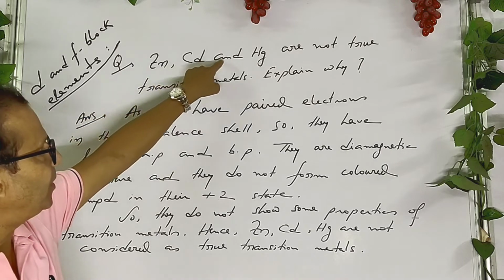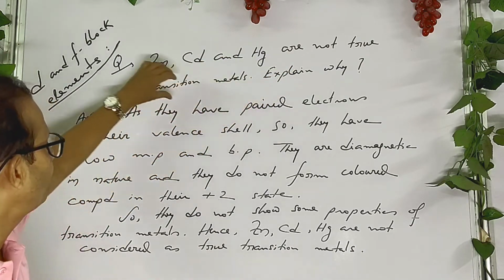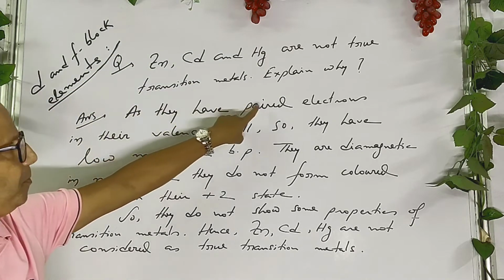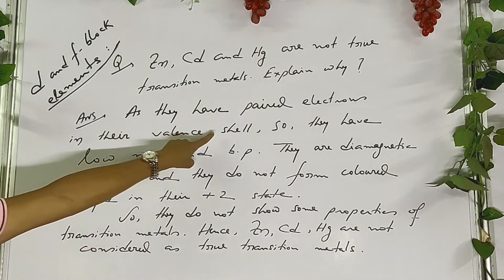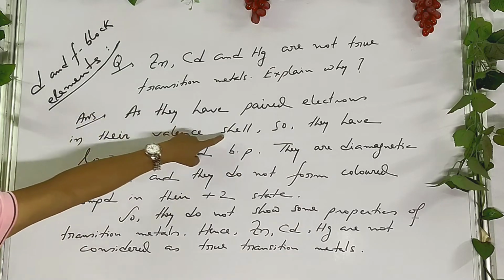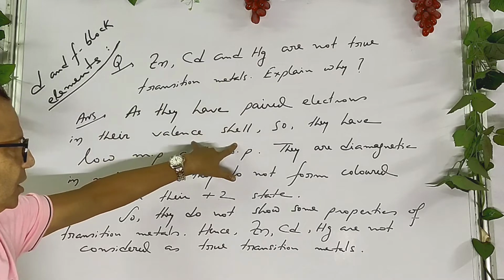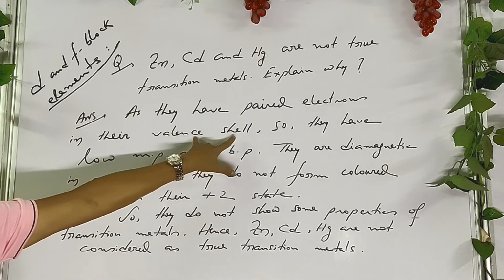Zinc, cadmium and mercury are not true transition metals. Explain why. As they have paired electrons in their valence shell, they have low melting point and boiling point. Why? Due to these paired electrons, they do not have strong intermolecular forces of attraction.